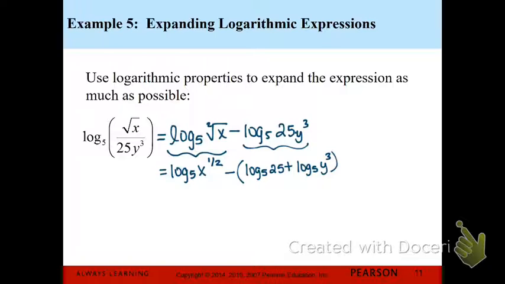All right, what can we do now? What about right here? Is this what you're talking about? Oh. Okay, let's just do it piece by piece. That can be bungeed in front. So we get 1/2 log base 5 of x.